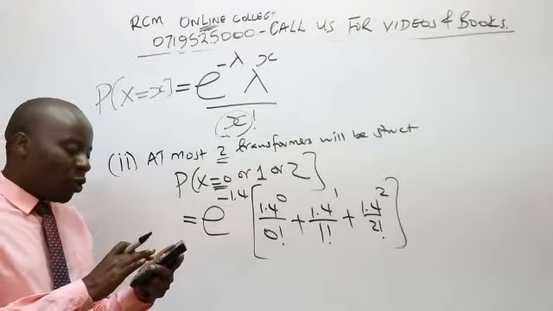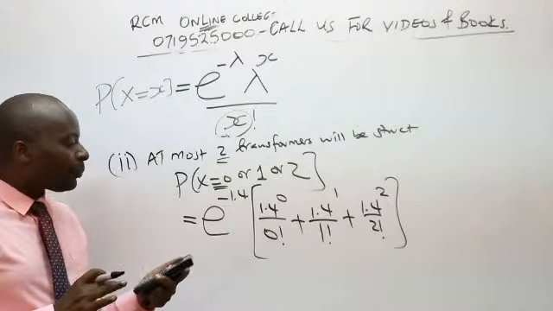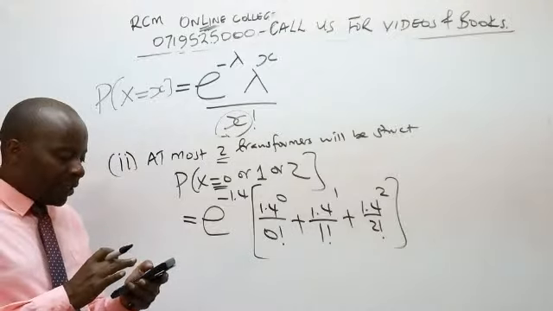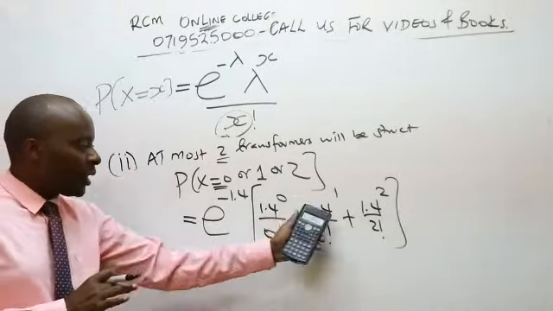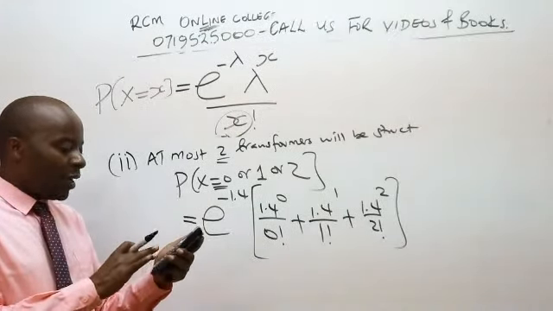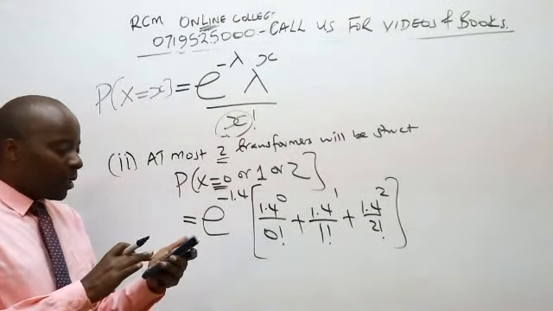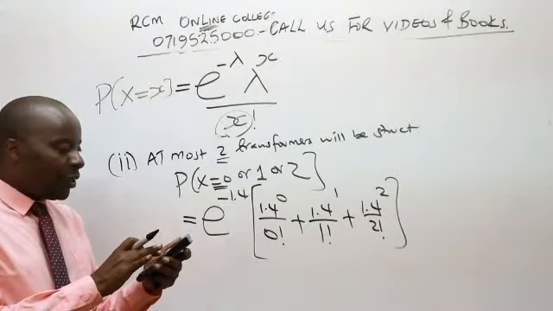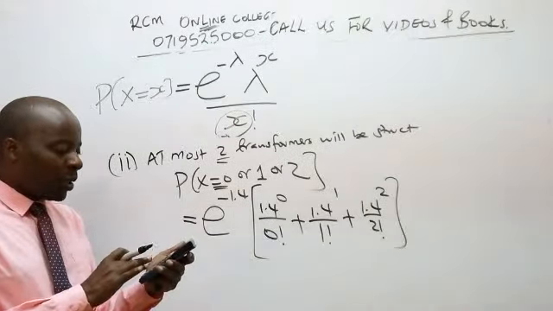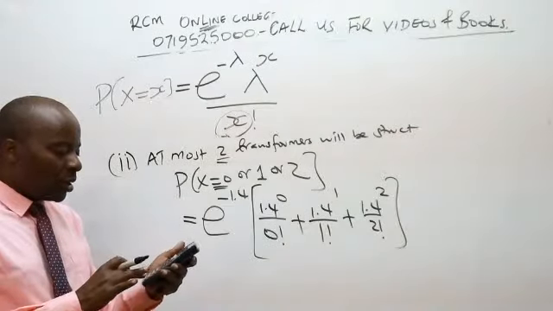We have 1.4 raised to 0 divided by 0 factorial plus the second term is 1.4 raised to 1 divided by 1 factorial plus 1.4 raised to power 2 divided by 2 factorial, equals.